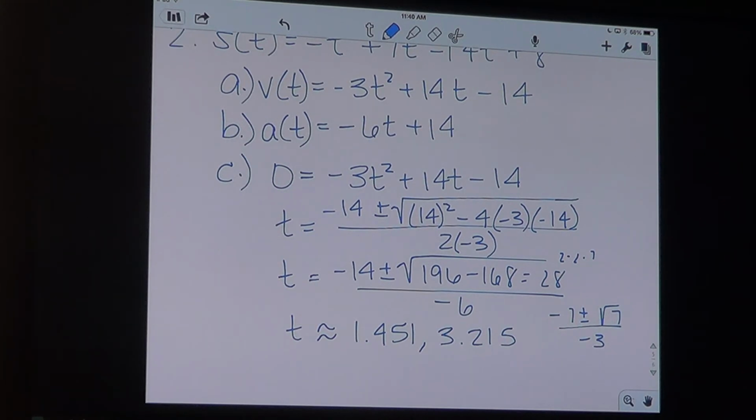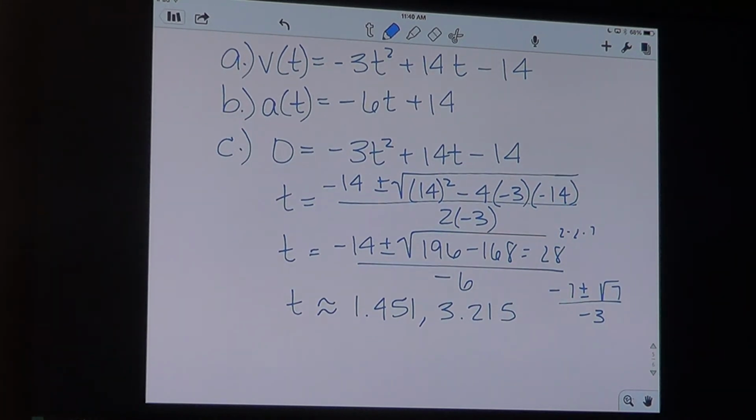Yeah. For the next question, would it be the same thing? That is where it is changing directions. Yes. Describe the motion of the particle: at what values of t does the particle change directions?